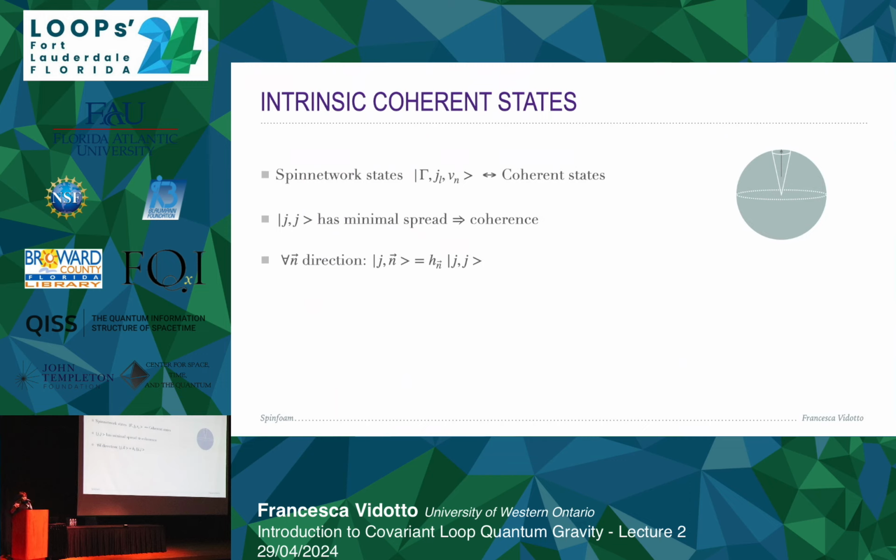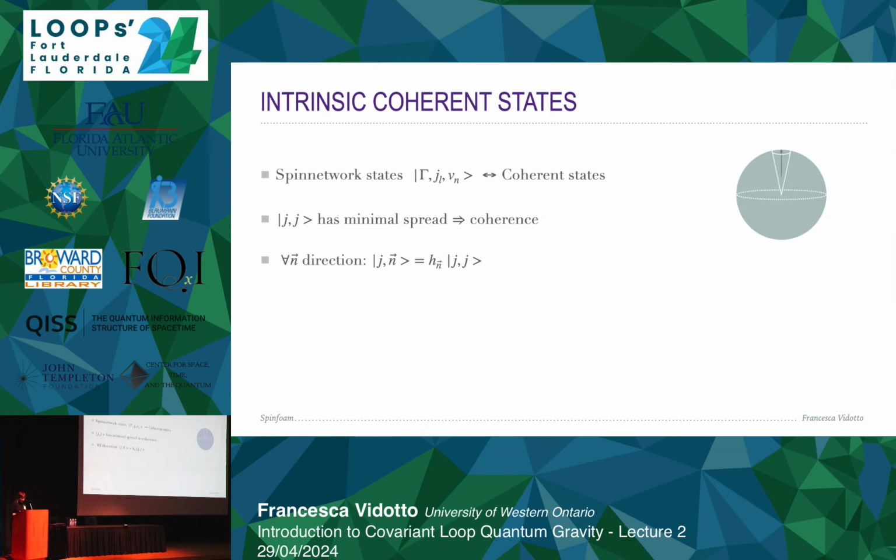It is well known in quantum mechanics that if you consider the angular momentum, for instance, labeled here by the spins, you can have different states for spin equal 1/2, 1, and so on. But at the moment in which the spin is maximum, the spread is minimized.